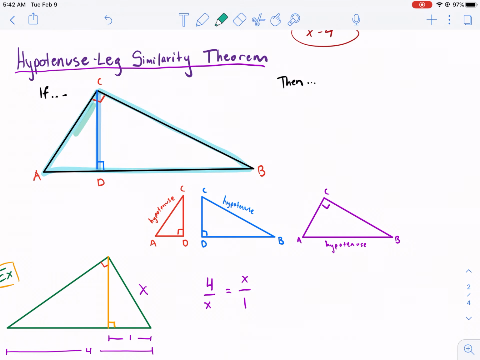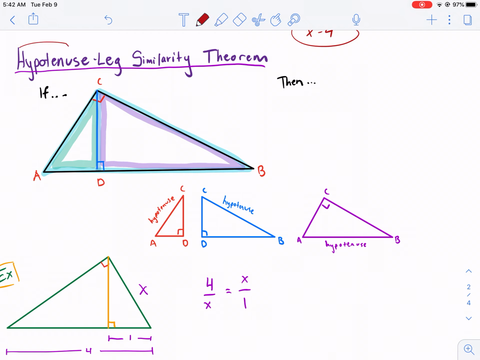I'm going to highlight our small triangle, and I'm just going to do the outline of this one to save some time. Then I have the outline of the medium triangle, because remember, we always create 3 triangles with 1 altitude. So if we're given that altitude, then we can make some comparison.